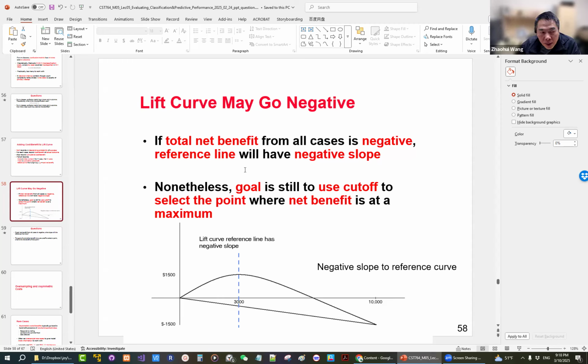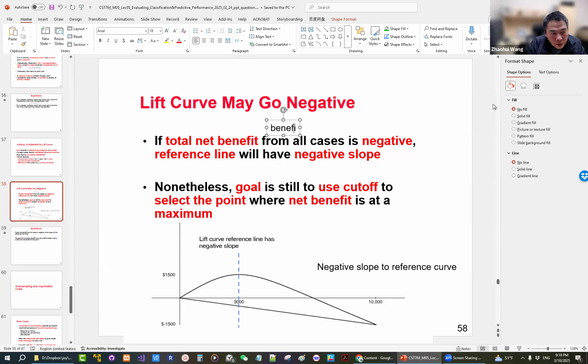If the cost is higher than the benefit, the slope will be negative. So the benefit is positive, but the cost is negative.